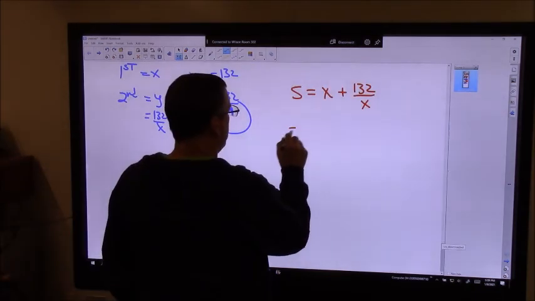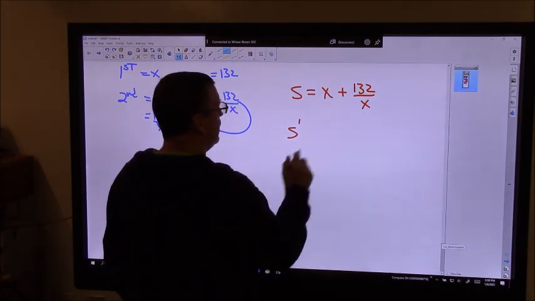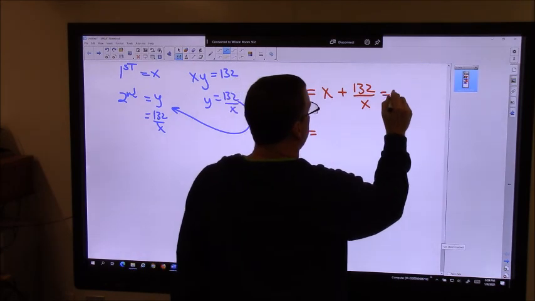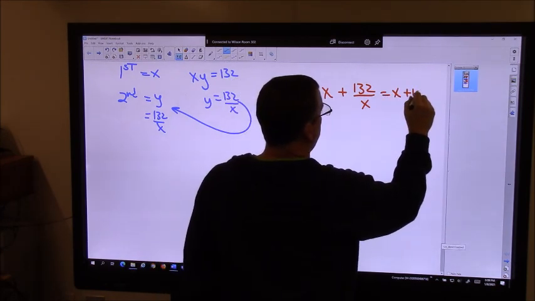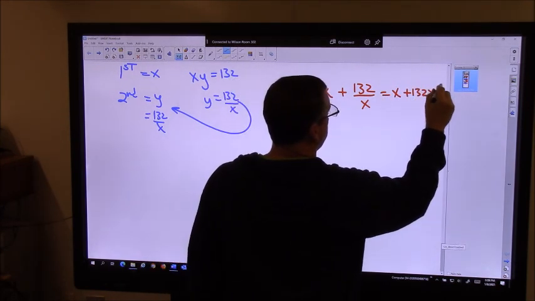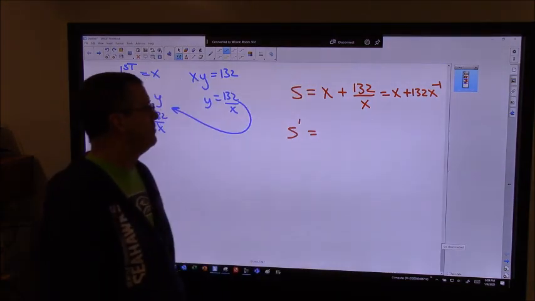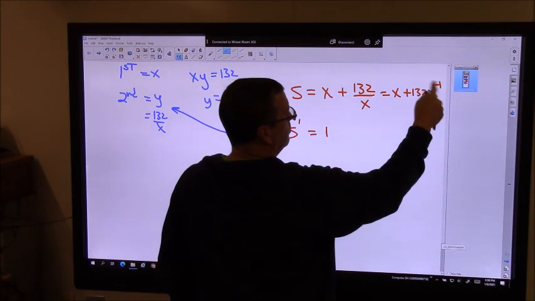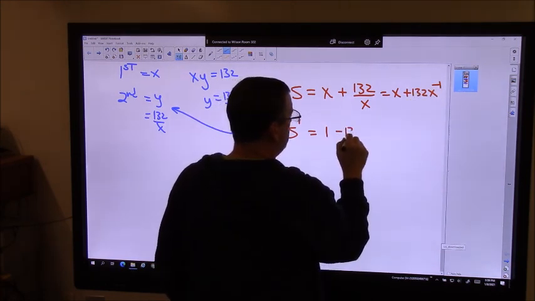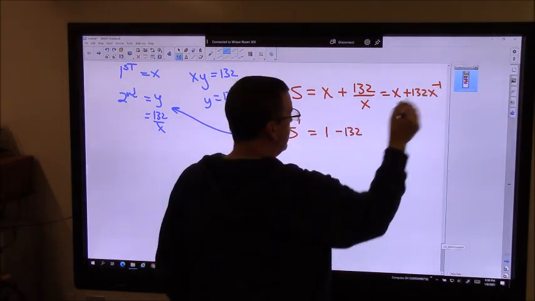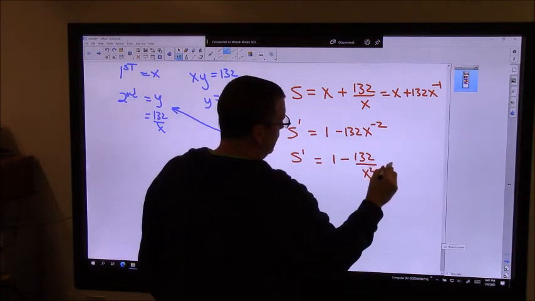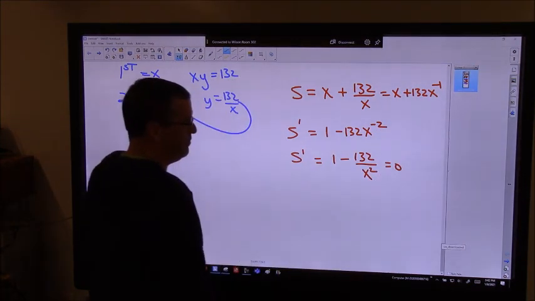All right, so that means s prime, I don't like the variable s, equals, let's see, first of all, let's say that this is x plus 132 times x to the negative 1. So my derivative is going to be 1. Multiply here, you get negative 132. Subtract 1 from the exponent, you get x to the negative 2. And I want to set that equal to 0 and solve.